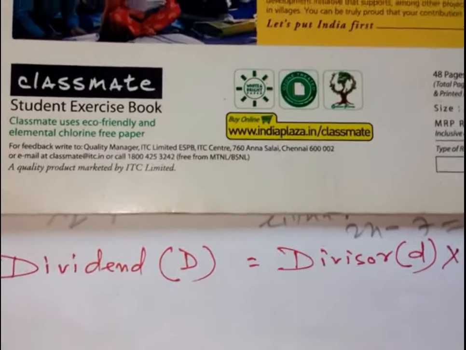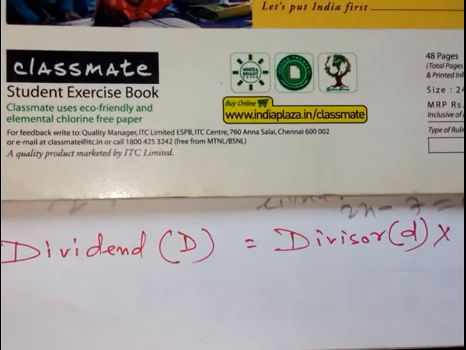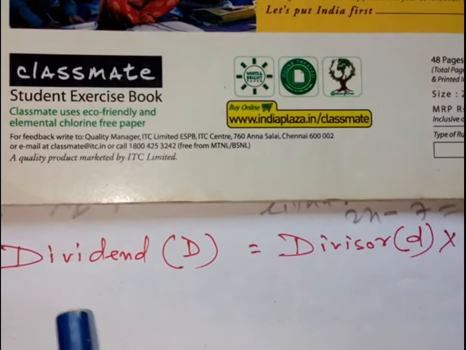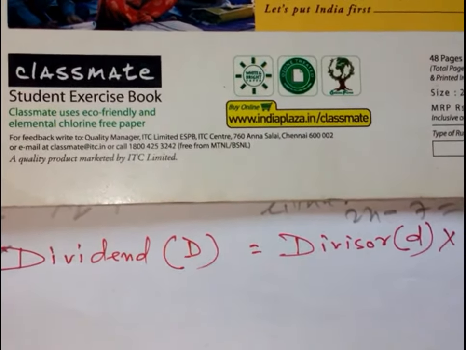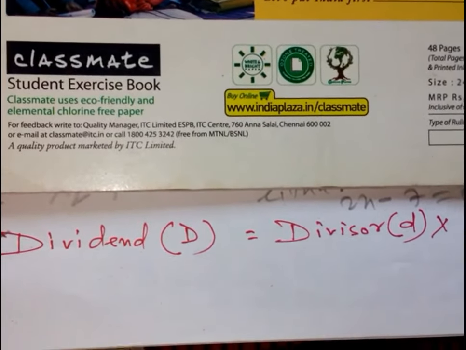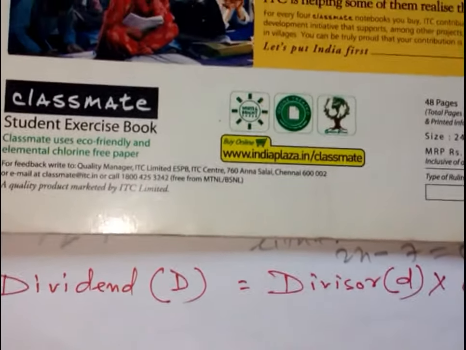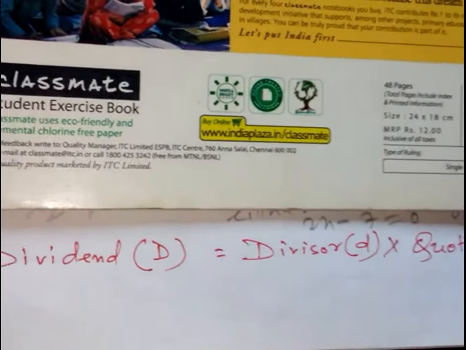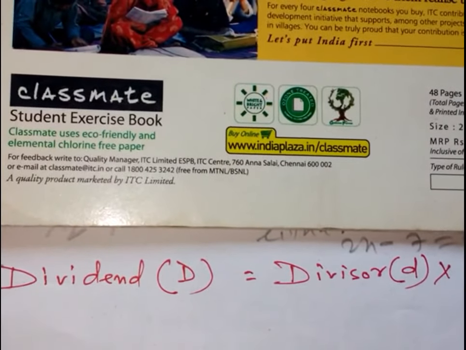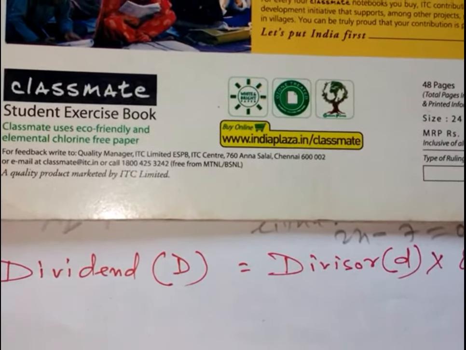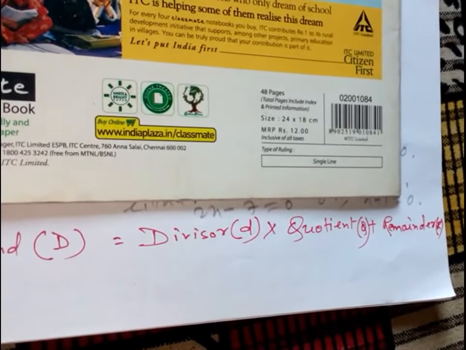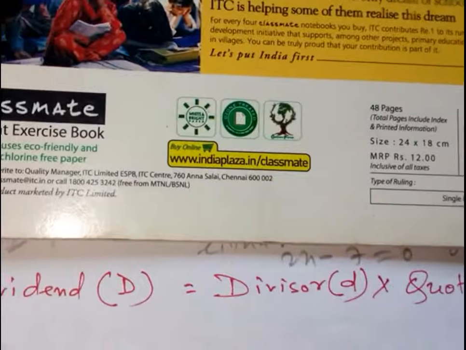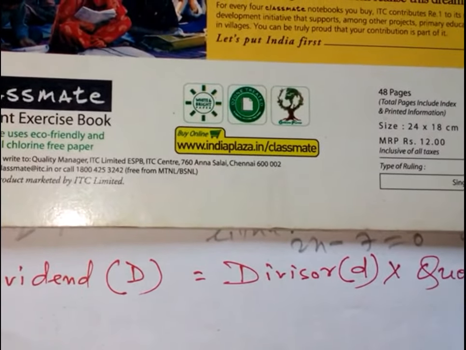Before going to factor theorem or remainder theorem, we have to understand this equation, which we learned earlier in classes 3 and 4. Here is the equation: dividend is equal to divisor into quotient plus remainder, isn't it? What is the remainder?